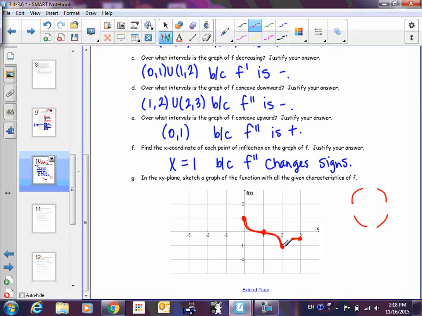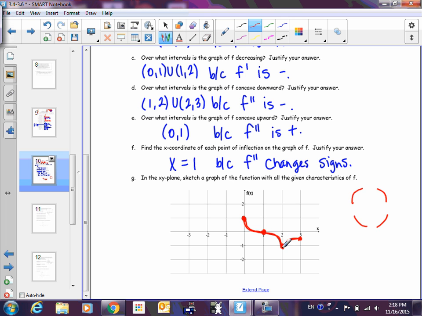Okay, so this is a sketch. What's happening at x equals 2? It is a relative min. It is a cusp. So is it a point of inflection? We have concave down and then concave down again.